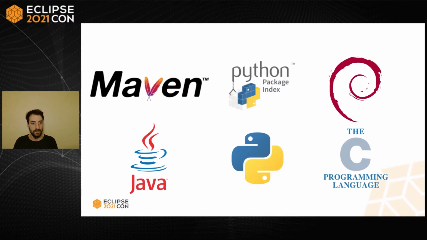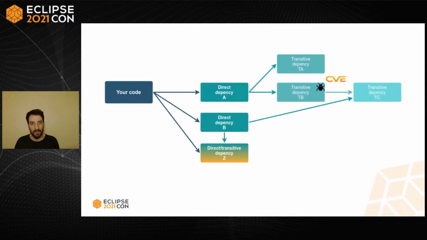As I said, reusing dependency brings some benefits, but it will also bring some risk. For example, if you have a dependency, either direct or transitive, that has a security issue, this security issue might actually propagate up to your software, impacting your users.